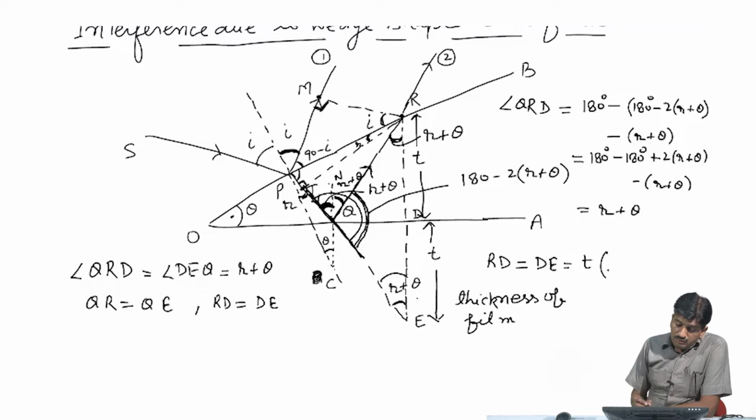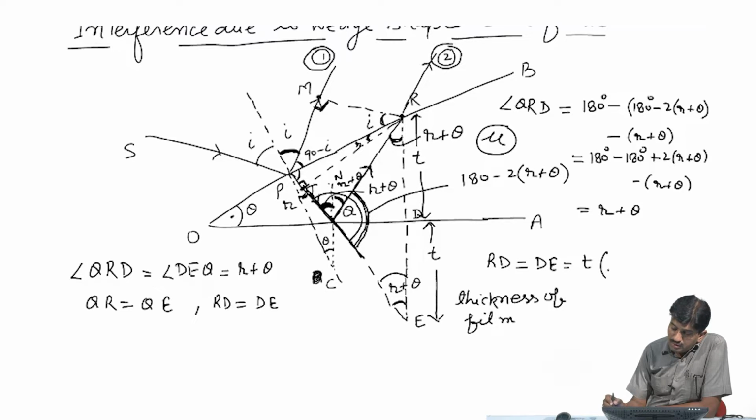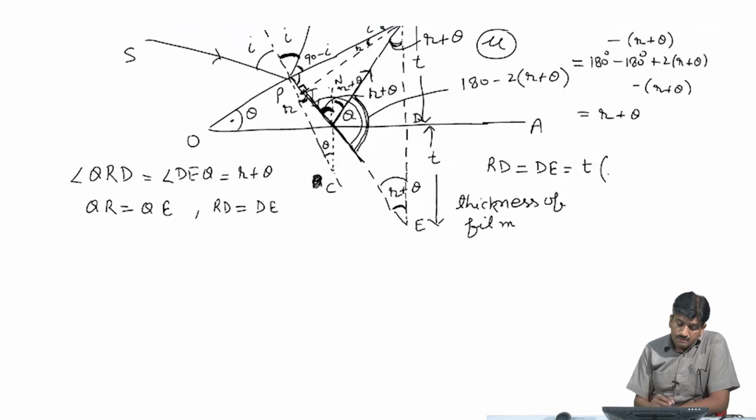Now we want to determine the path difference. Suppose inside the film there is a refractive index mu. Inside this film, this wedge shape area, the refractive index of the medium is mu. And if we want to determine the path difference between ray 1 and 2, this is ray 1 reflected ray and this is ray 2 reflected ray, and we want to determine the path difference.